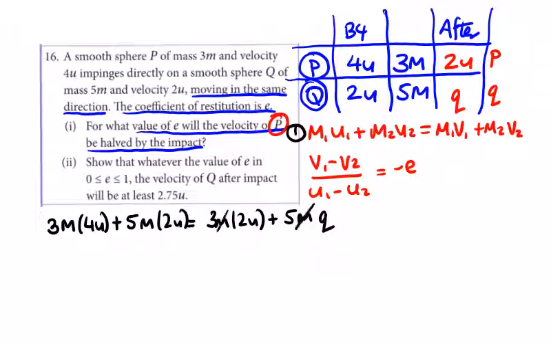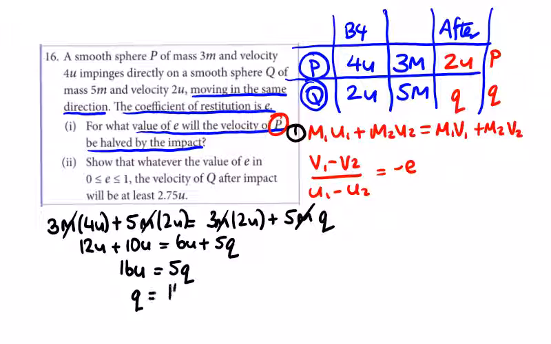Dividing by m, we're going to get 12u plus 10u equals 6u plus 5q. So 22u minus 6u, 16u, is equal to 5q. So q is equal to 16u over 5.